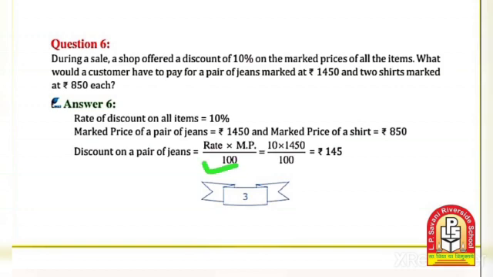So 10 multiplied by 1450 divided by 100 is equal to rupees 145. In this way you can find the discount on a pair.